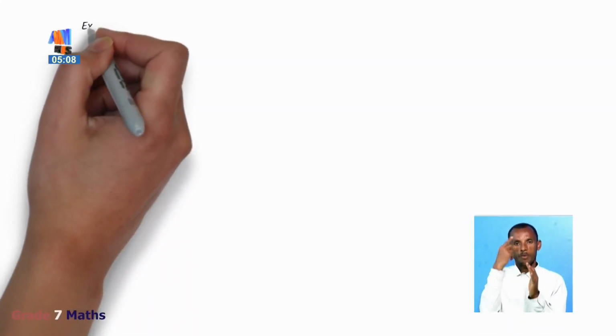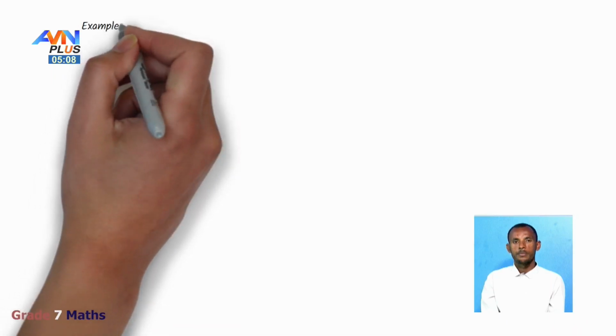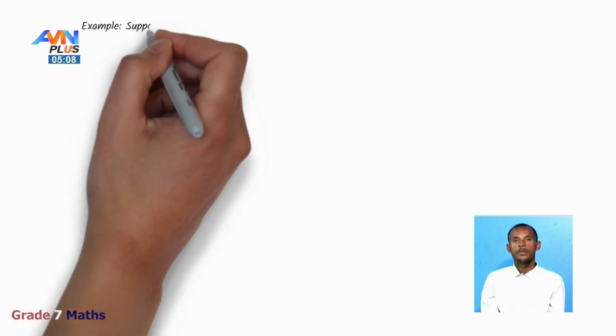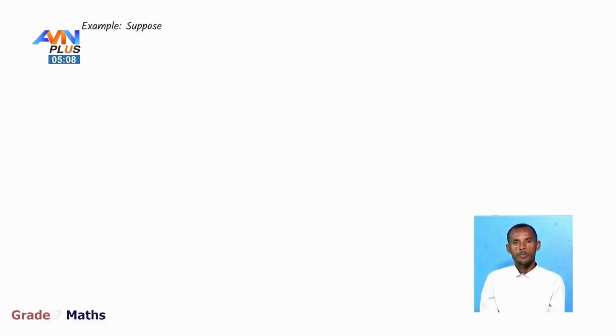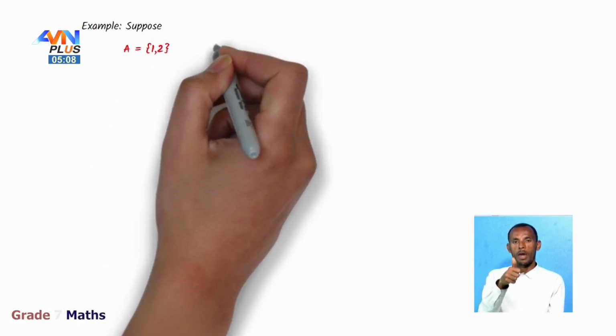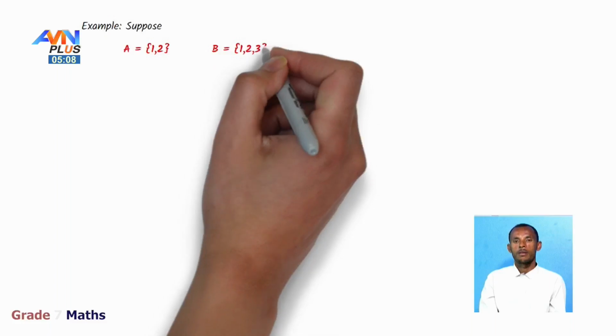Now, let's see an example for this concept. Suppose set A contains the elements 1 and 2.